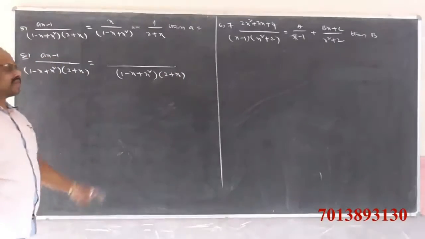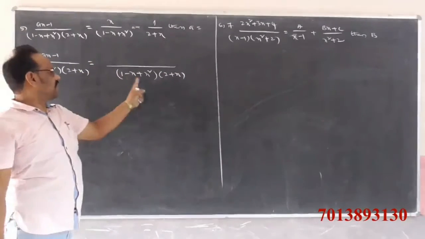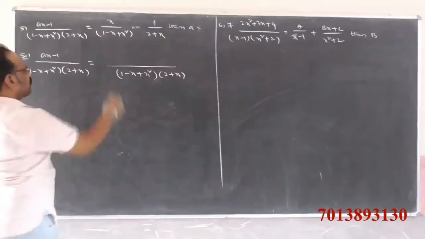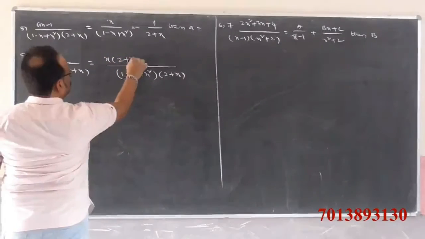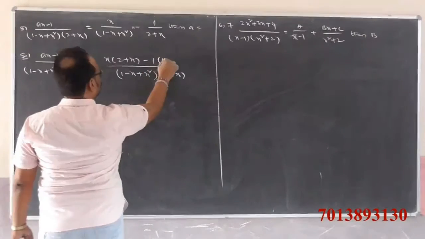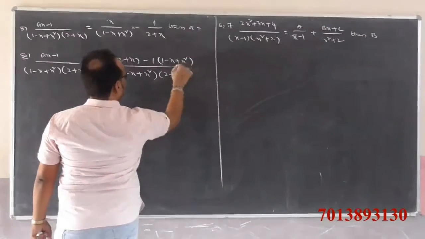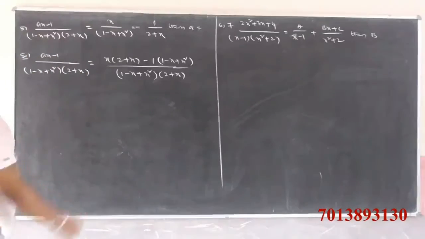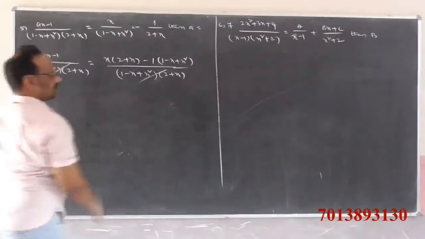The 1 minus x plus x square cancels, we get x into (2 plus x), minus 1 into (2 plus x) cancels, we get (1 minus x plus x square) into this. So clearly the denominator gets cancelled.